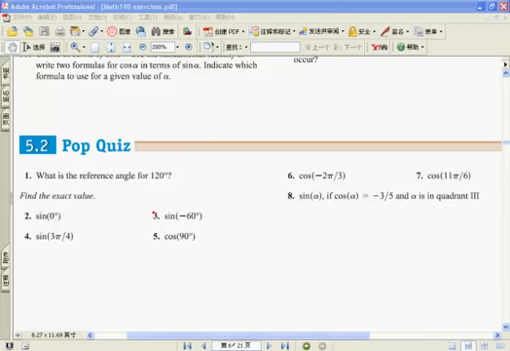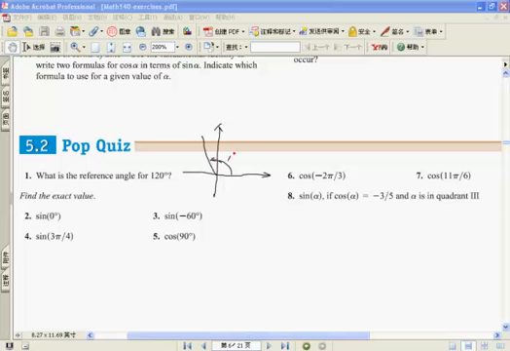Now let's look at the section 5.2 pop quiz. Number 1, what is the reference angle for 120 degrees? We can sketch this angle. So this is the 90 degrees, right? And followed by the 30 degrees.